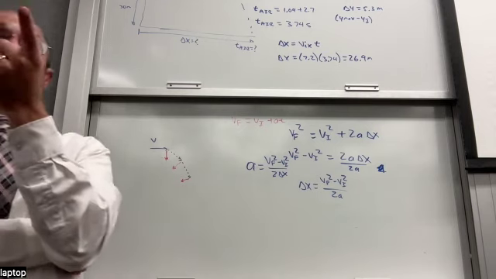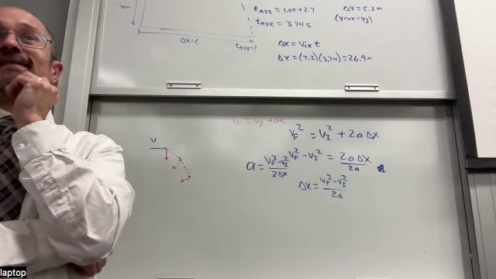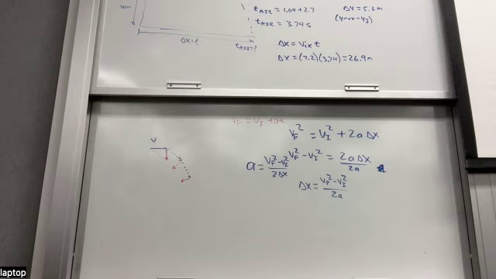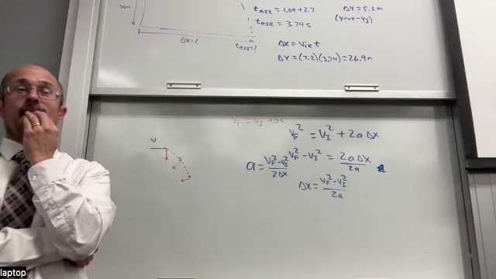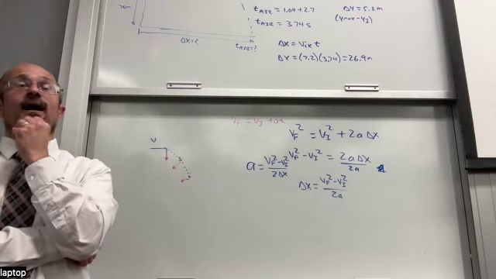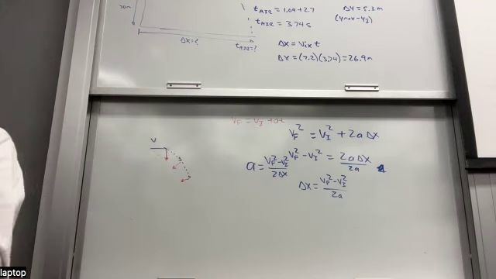Do you have a question? Understandable. So we're solving for VX initial. I have delta y, delta x, a y, a x. You ready?